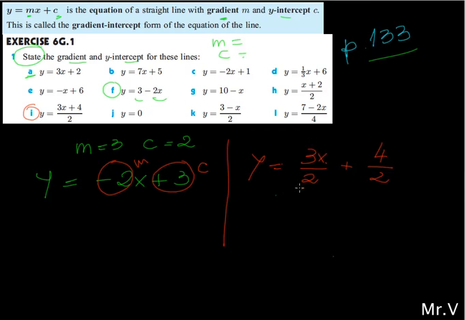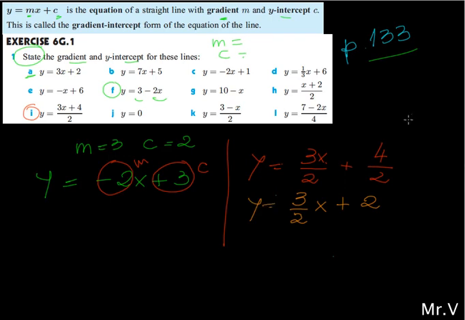The simplification of 3 over 2 is 1.5, but at this level, I do not want to have decimals. So I'm going to keep the fraction, and I want to make sure that the fraction that I'm keeping is the simplest form. In this case, this is not the simplest. The simplest is 2.